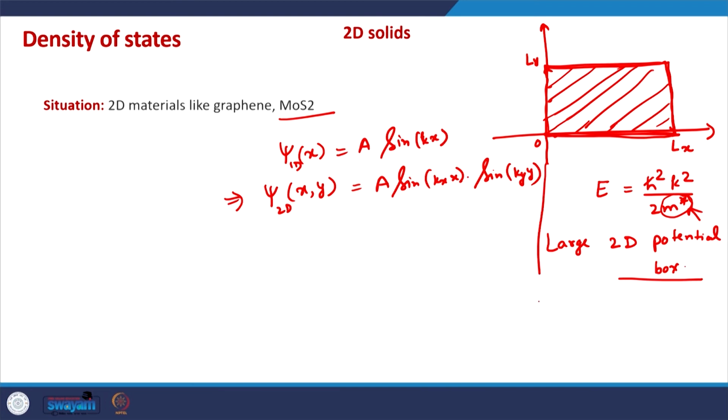As we saw in the 3D case, because of the boundary conditions, we need sin kx Lx to be 0, and similarly sin ky Ly to be 0.